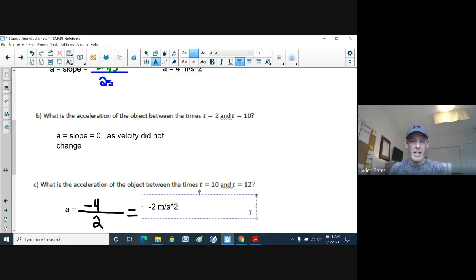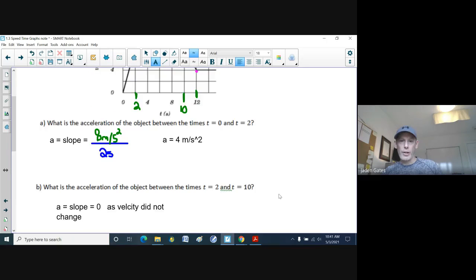Now, because it's negative, this is something I talked about in the first lesson today. We have some deceleration. The object or person, which I would call it a person, is slowing down. Negative acceleration.